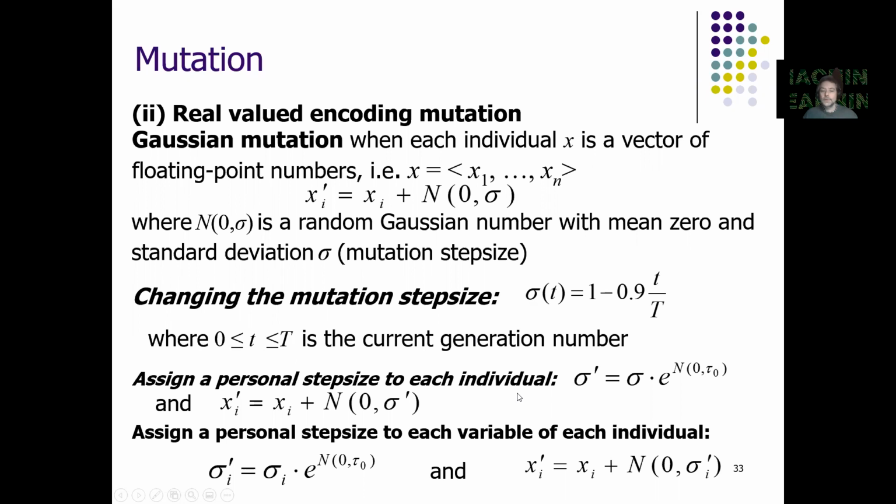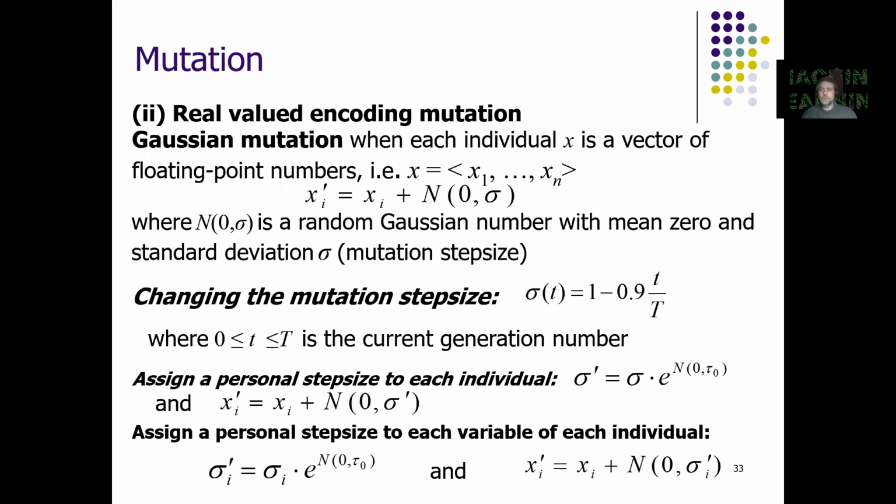There are algorithms that use a personal step size for each member of the population. So each chromosome can have its own step size, as you can see on the slide. It is also possible to assign a personal step size to each variable of each individual. You remember, the chromosome represents different kinds of variables.